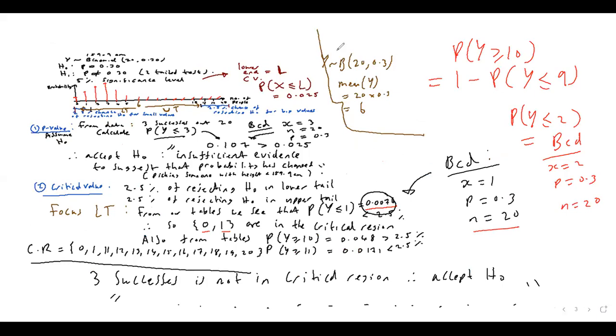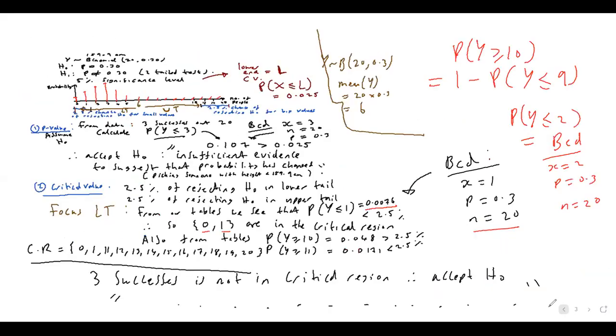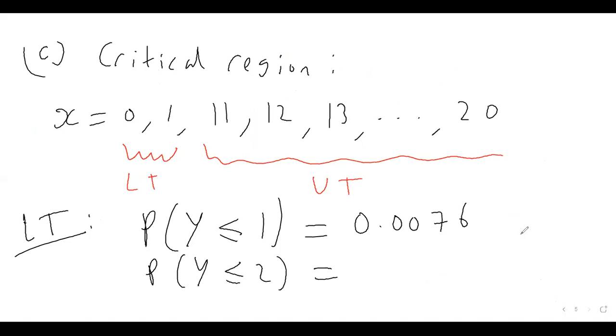Again, we can use the binomial CD function to work that out, or we can use our tables. So this was 0.0076. And remember, the probability that we got two successes, again, we can use binomial CD to work this out, or we can use the tables. I'll just use my binomial CD, because I've got my calculator in my hand.